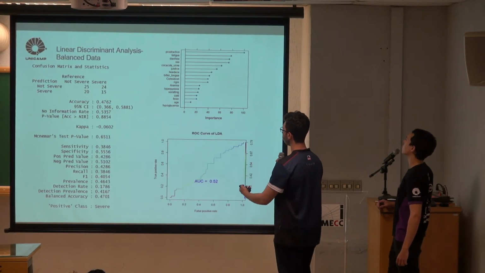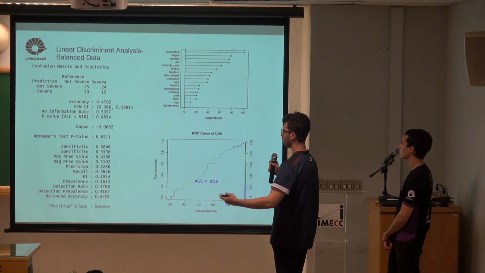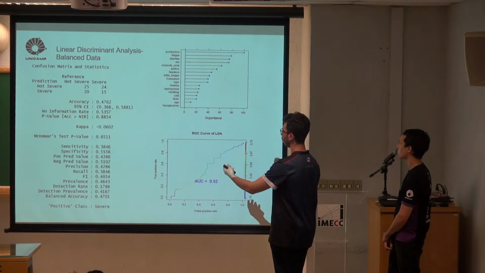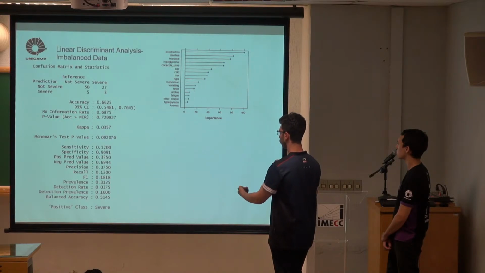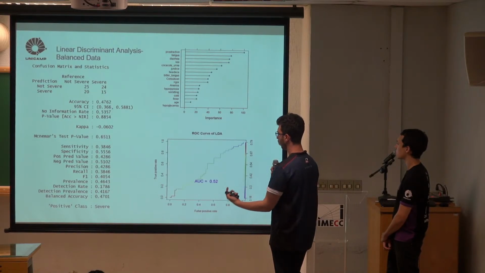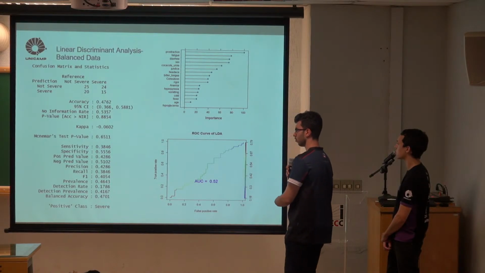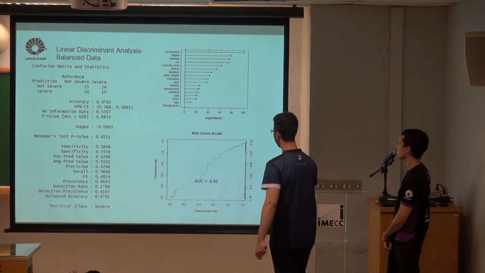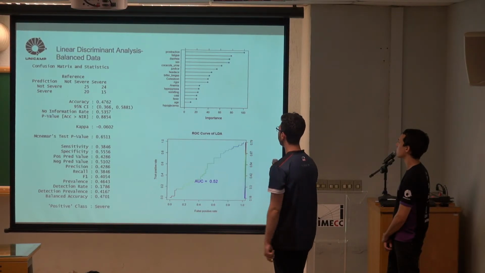Then when you change to the balanced data, it kind of dispersed more. So it shows 25 true negatives and 15 true positives with lower kappa, but with a p-value near 1. And with area under the curve of 0.2, with prostration the most important, followed by fatigue.